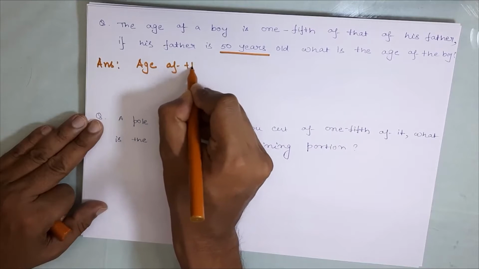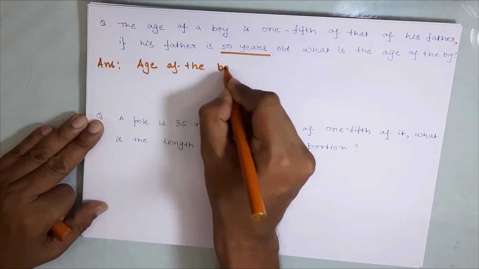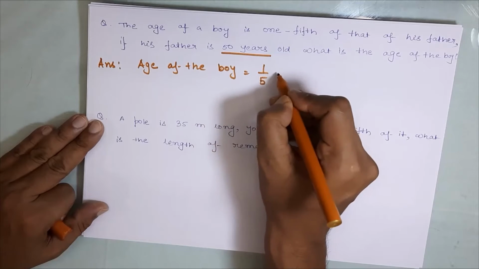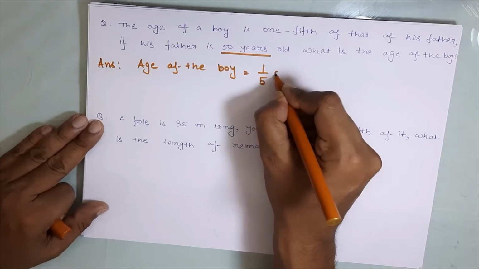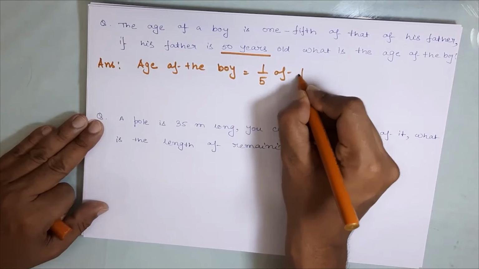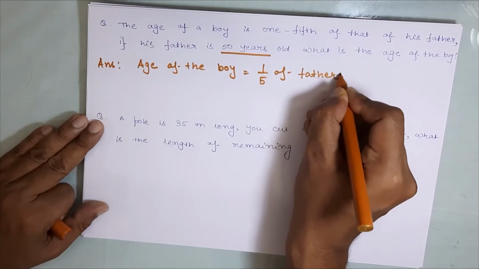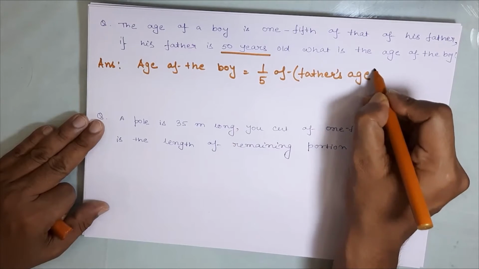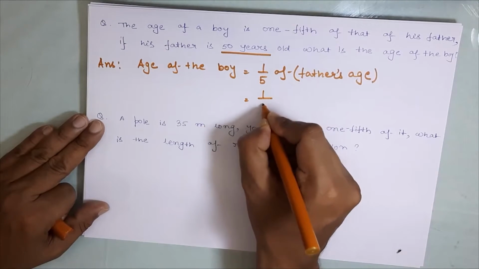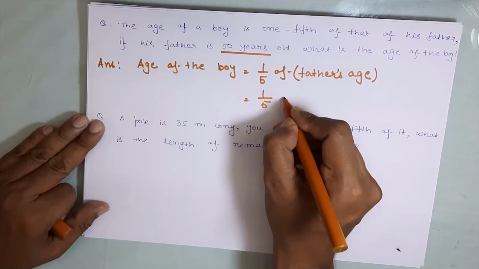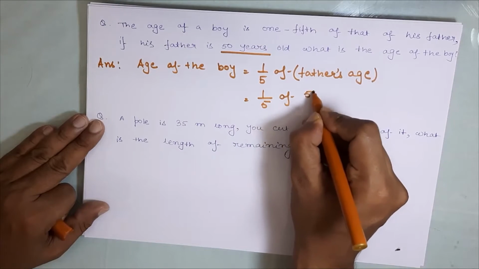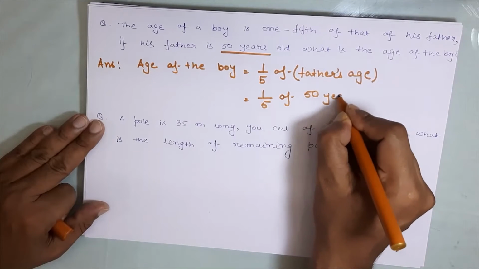Age of the boy equals one fifth of father's age, equals one fifth of 50 years.